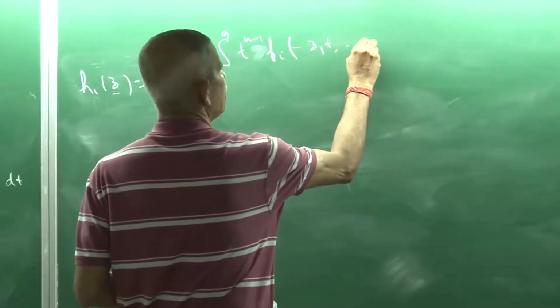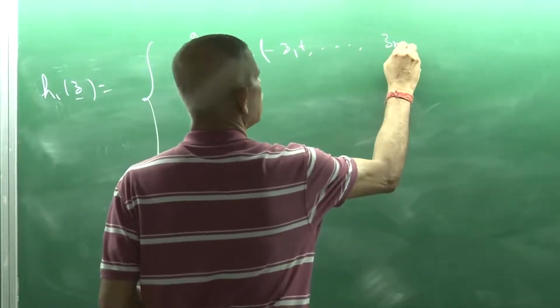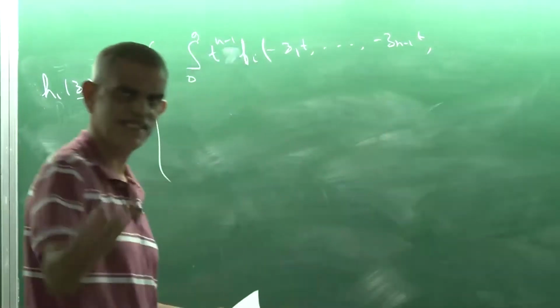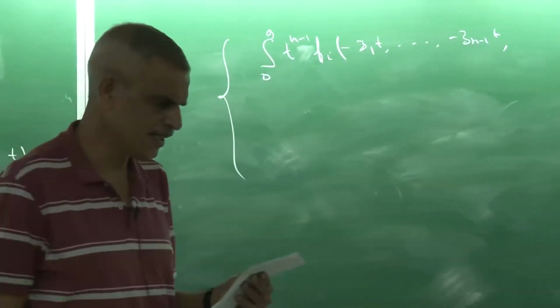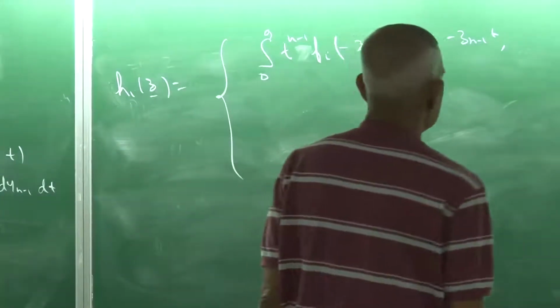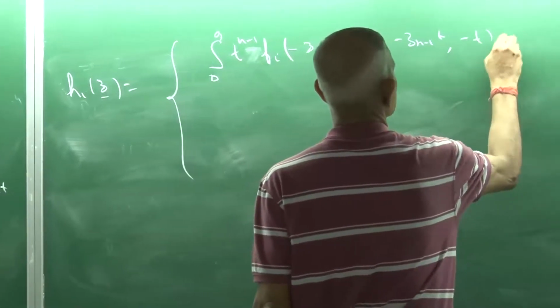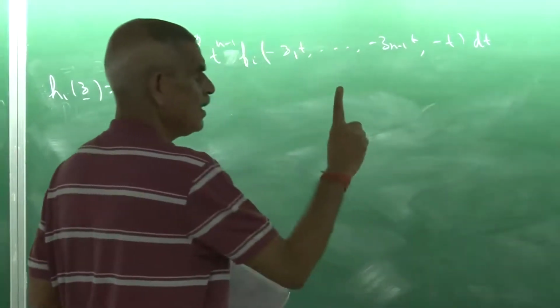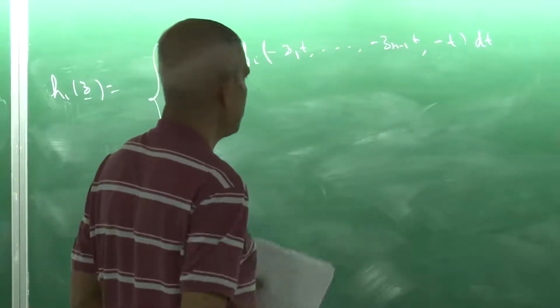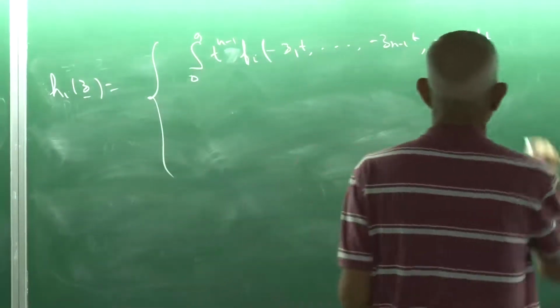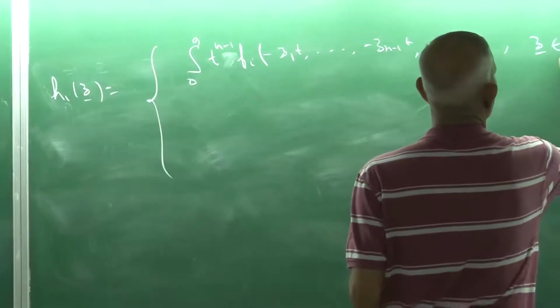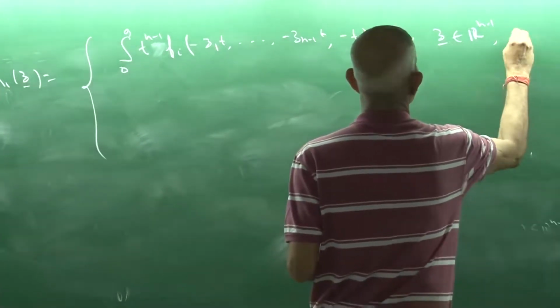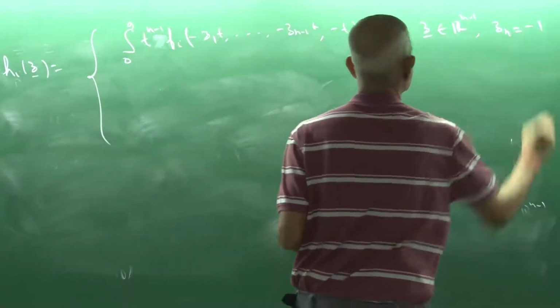I have differentiated with respect to z1, z2, zn minus 1. The last one is discrete, so I don't have to differentiate; I put the value as it is, minus t dt. This is for the situation where the last variable zn is minus 1. So z belongs to R^(n minus 1) and zn is minus 1.